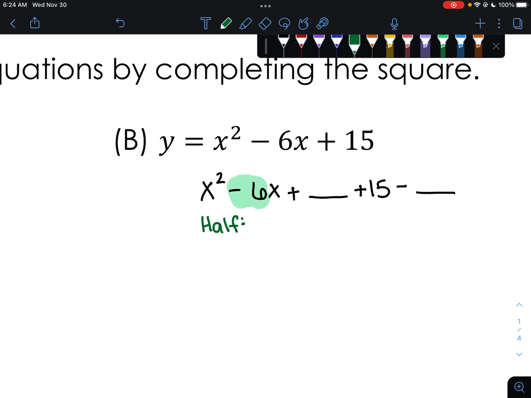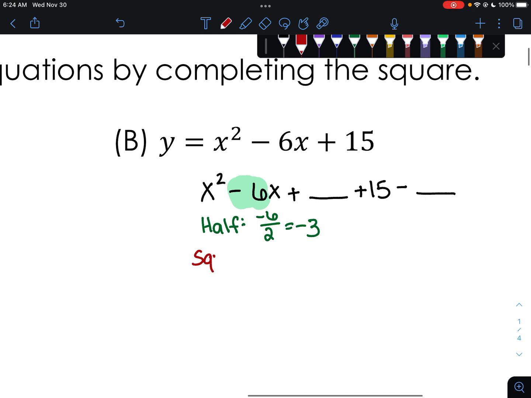The sign is included, so it is a negative 6 divided by 2, which is a negative 3. Then I am going to square it. I take negative 3, and it needs to go in parentheses with the squared on the outside of the parentheses. Negative 3 squared is negative 3 times negative 3, which is a positive 9. So a 9 is going in this space and in this space.